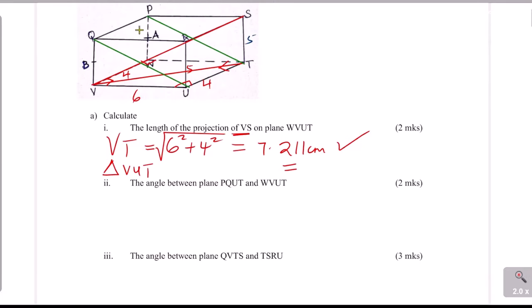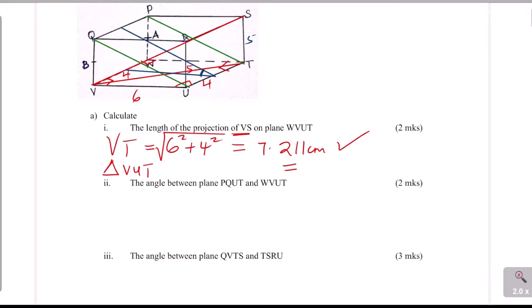If you draw a perpendicular line to the line of intersection of the two planes, the angle that you need to get is this particular angle that is here.